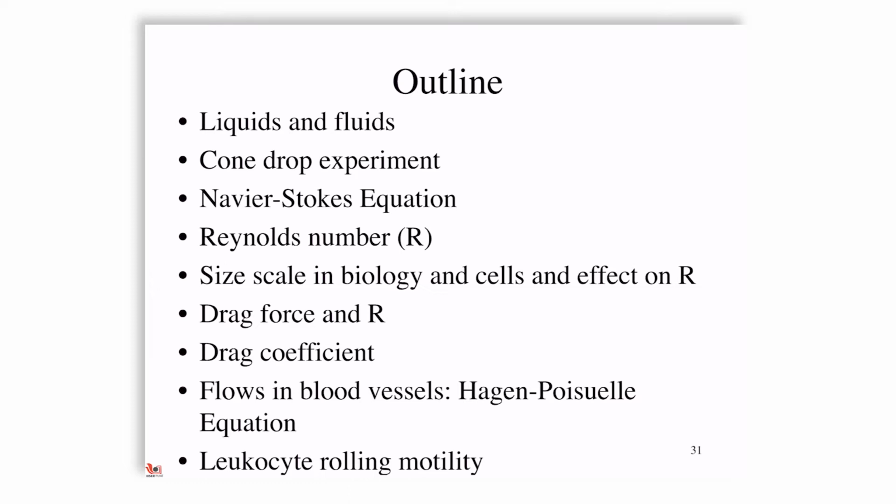I will move on to the Navier-Stokes equation, rediscuss Reynolds number in the context of size scale in biology, talk a little bit about the original experiment of drag force, go on to drag coefficient, and finally discuss an interesting problem of flowing blood in blood vessels and the equation of Hagen and Poiseuille that allows us to make very interesting inferences about the cell biophysics of blood flow, inflammation, and wound repair in terms of leukocyte rolling motility.